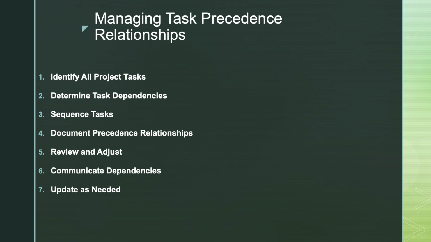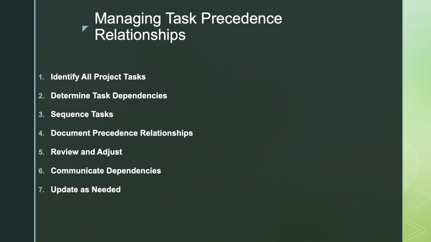Address any dependencies or constraints that may be causing delays in task completion. Work with project teams to resolve these issues and keep the project on track. Review and update your project schedule. Regularly review and update the project schedule to reflect any changes in task sequence and dependencies. Ensure that the schedule remains accurate and tasks are being completed in the correct sequence.